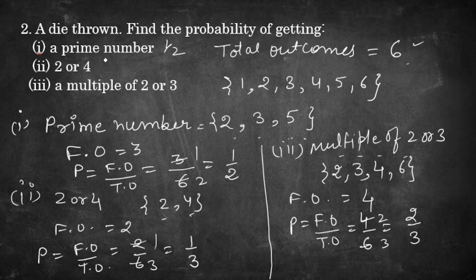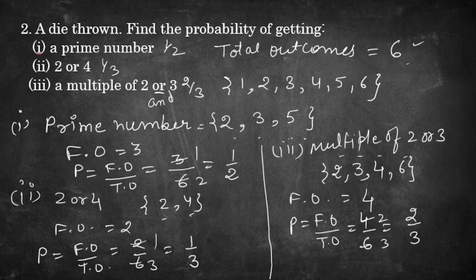For 2 or 4 the answer is 1 by 3. For a multiple of 2 or 3, it is 2 by 3, right? If instead of or, it comes and, in that case only one favorable outcome will be there, which is 6, a number which is a multiple of 2 and 3 both. So there we have only 1, the 6, right? Or means either this one or both.